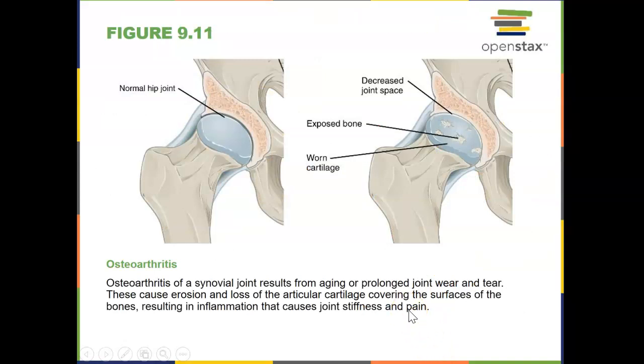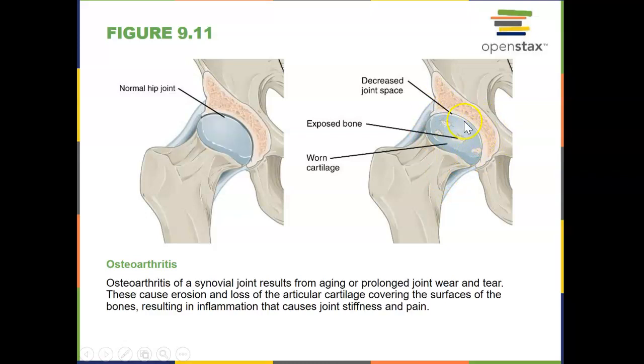And then what's happening when we get arthritis? Arthritis is not necessarily always a disease of aging. However, as we age, as we use our joints, sometimes you'll end up with a situation where exposed bone becomes available for its partner on the opposite side to start wearing against.